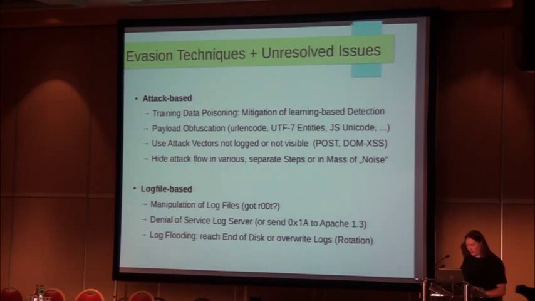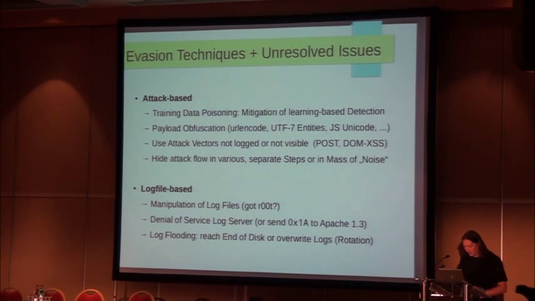Then another problem is that an attacker can use vectors that are simply not logged or not visible to us. This is a real problem. We usually don't have access to post data, as said, or to any parts of the HTTP body or header.